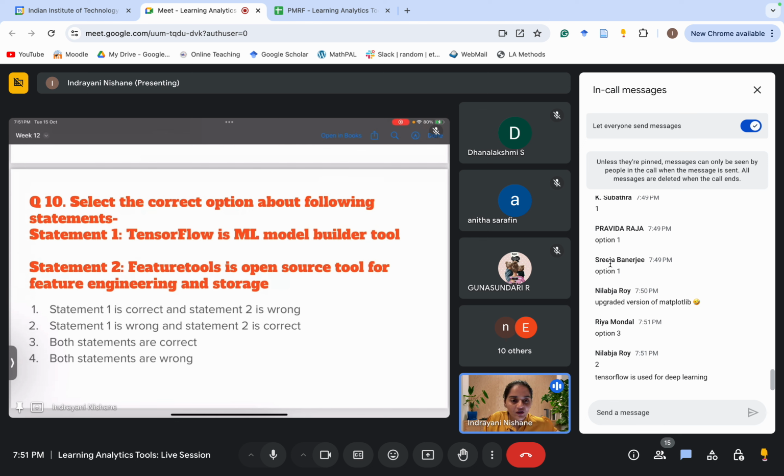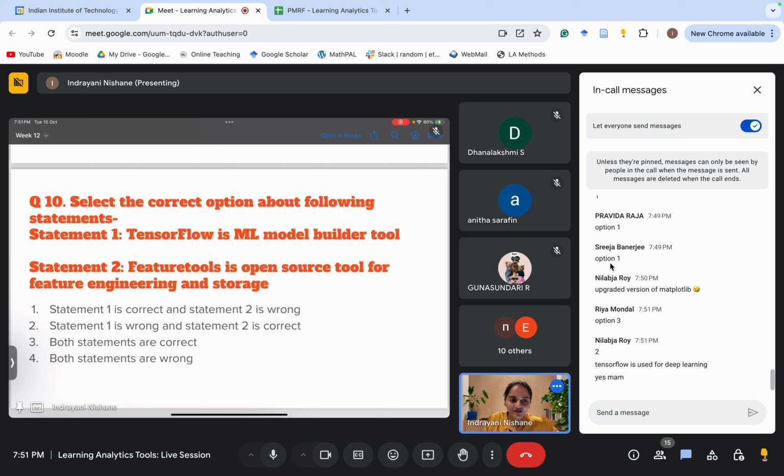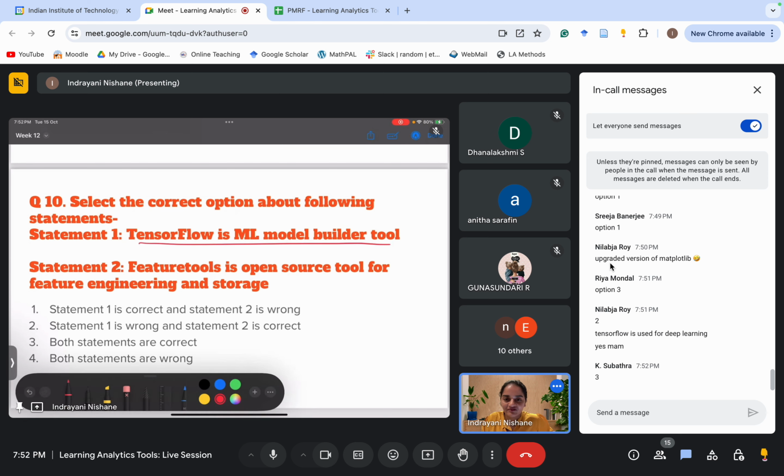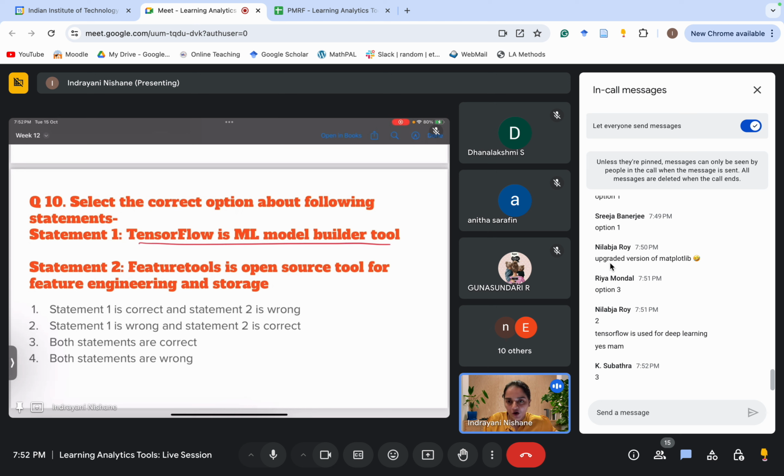Yeah, Nilabji, you are right. TensorFlow is used for deep learning, but incidentally, deep learning is also part of machine learning. Do you agree with me? So that makes this statement correct, right? TensorFlow is used to build machine learning models, deep learning models.